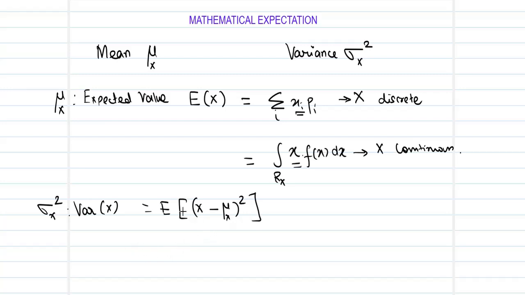So it is the expected value of the deviation of the random variable from the mean, squared. For discrete data, it is the summation of xi minus mu x the whole square into the corresponding probability pi.